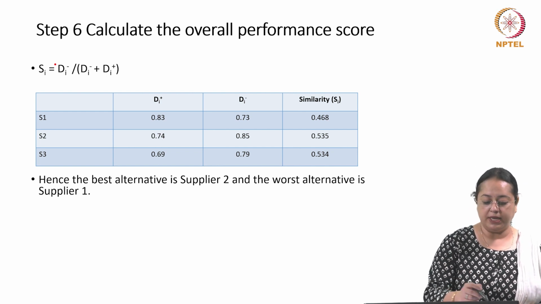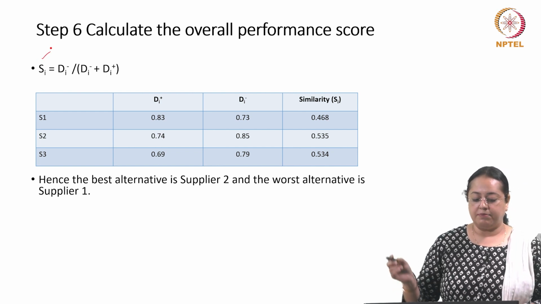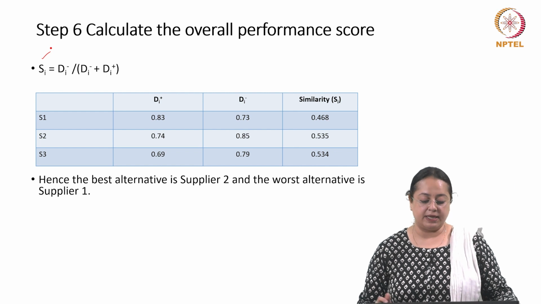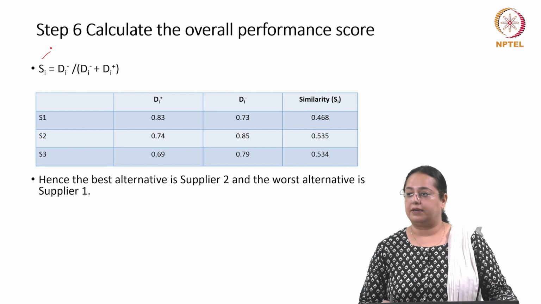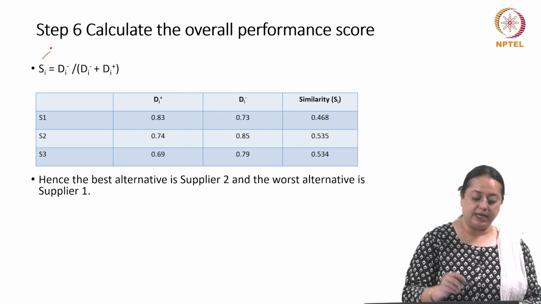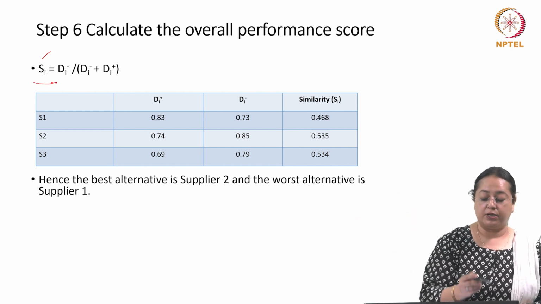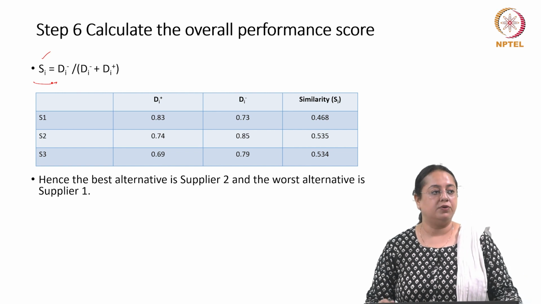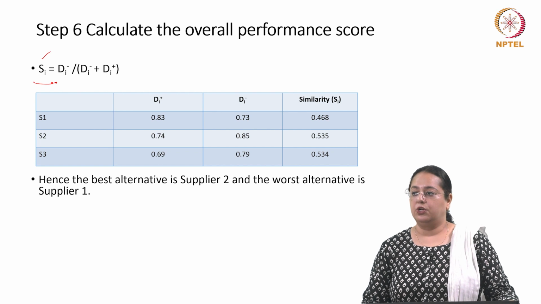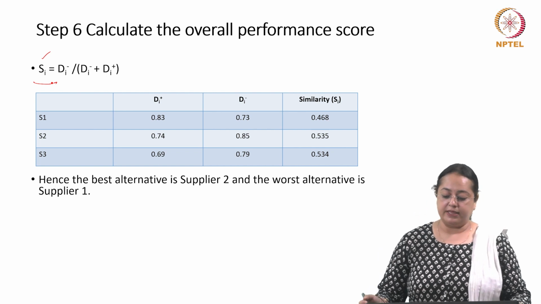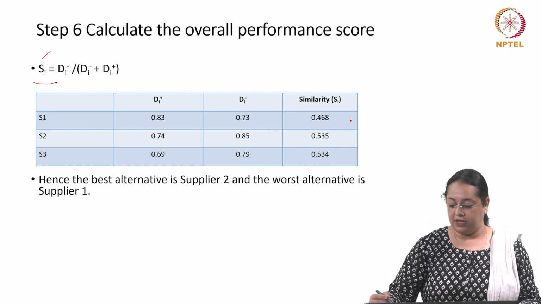The index will be Di minus divided by Di minus plus Di plus. So this is more of a similarity, right? We will use this index to consolidate our distances from the ideal solutions. Okay, and then we will find out the similarity.